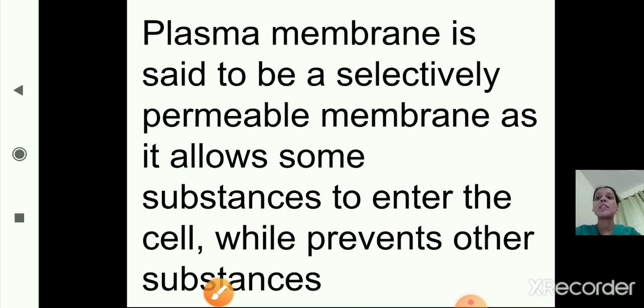Plasma membrane is said to be a selectively permeable membrane as it allows some substances to enter the cell while preventing other substances. Because of this it is said to be a selectively permeable membrane.